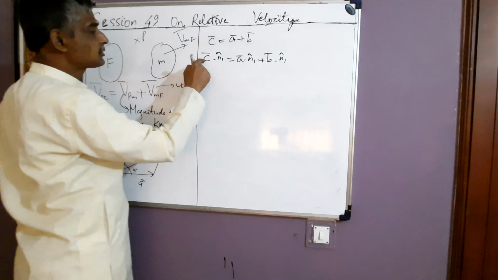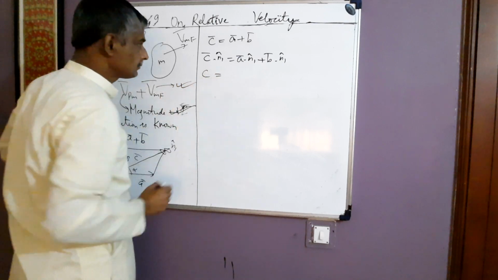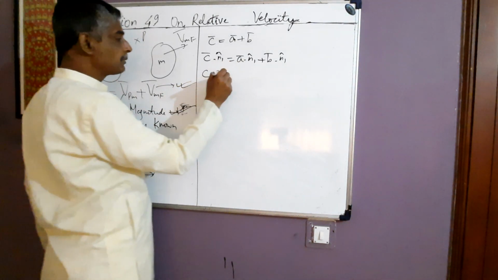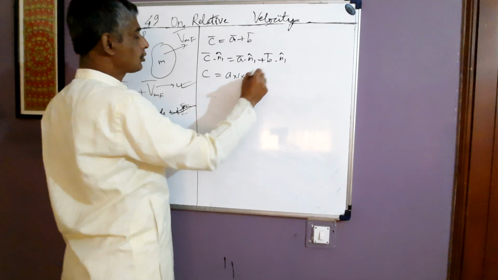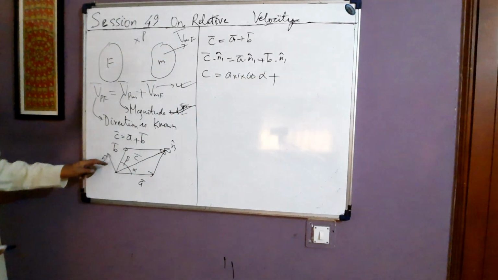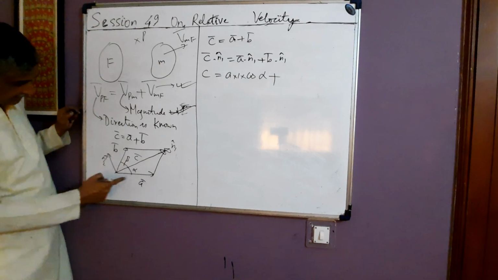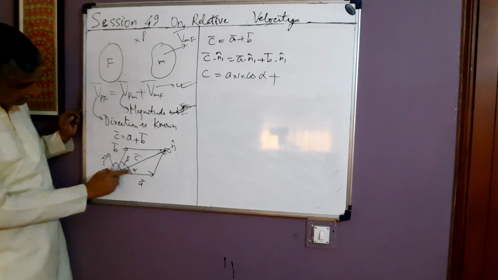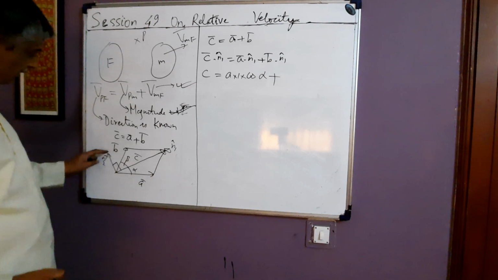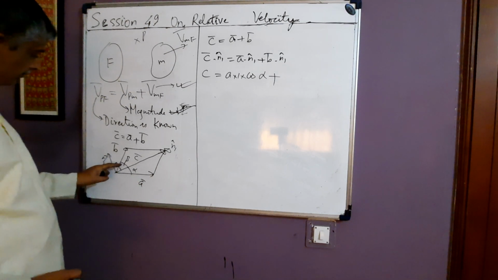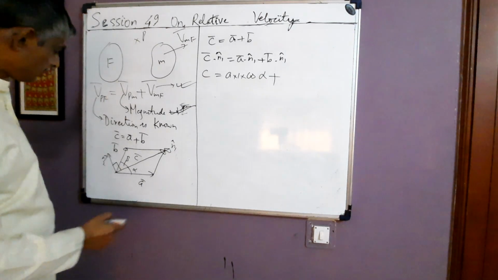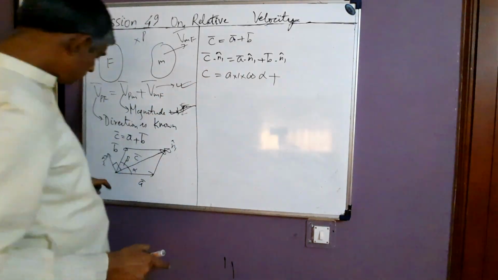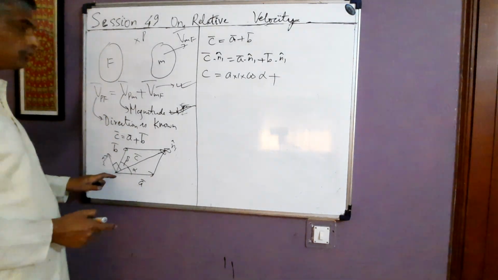Now C dot n1 hat becomes C into 1 into cos 0, that is just C. And A dot n1 hat becomes A into 1 into cos of alpha.